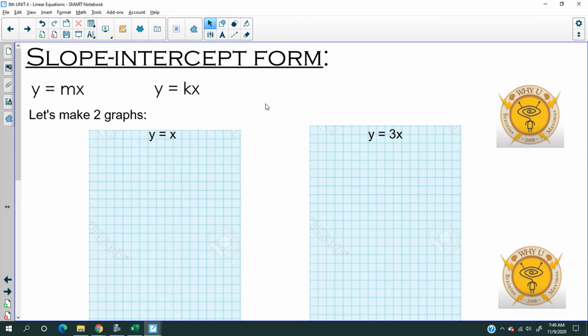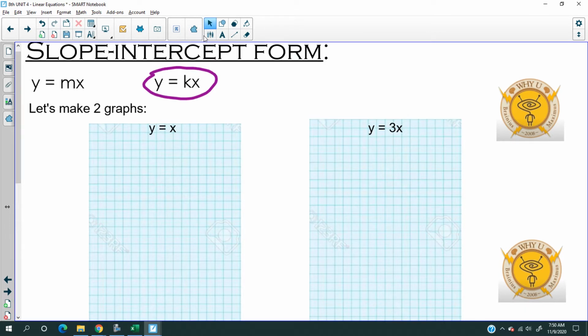Now, the very basis of the slope intercept form is actually the formula you use to find a unit rate. Let me use this graph paper as an example.